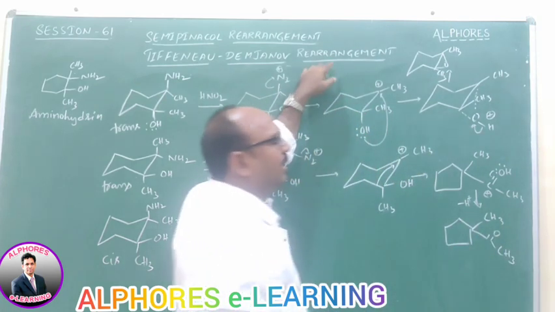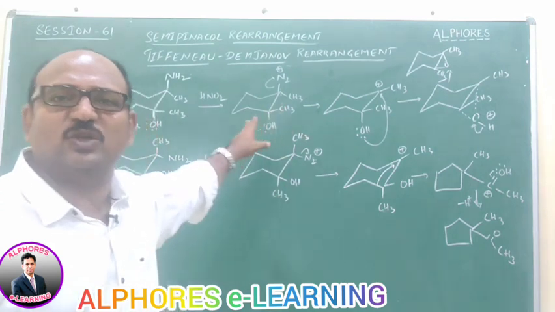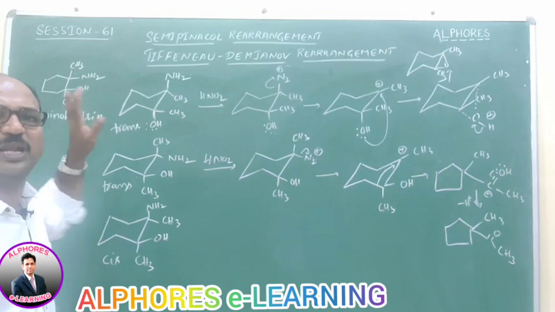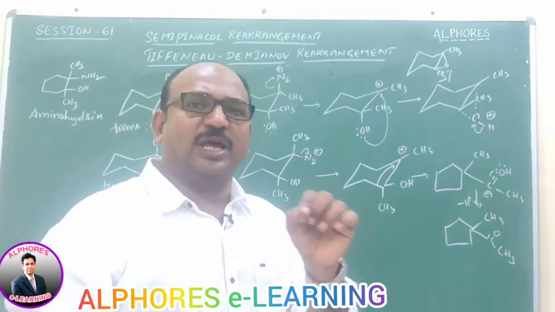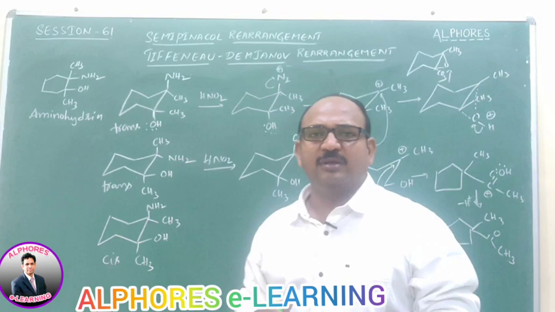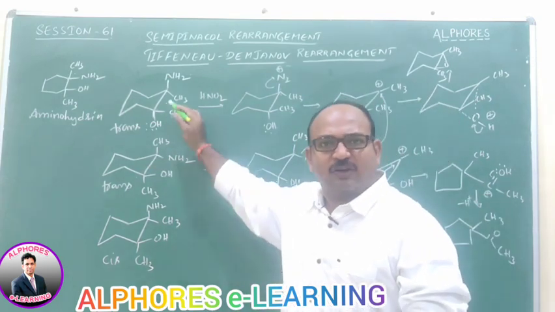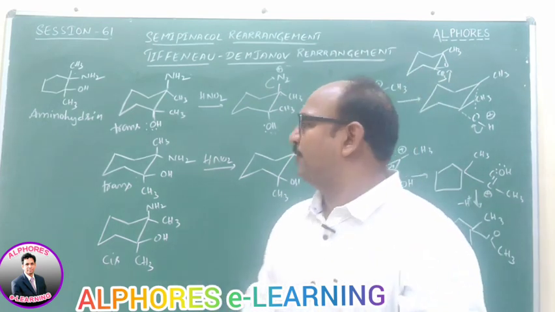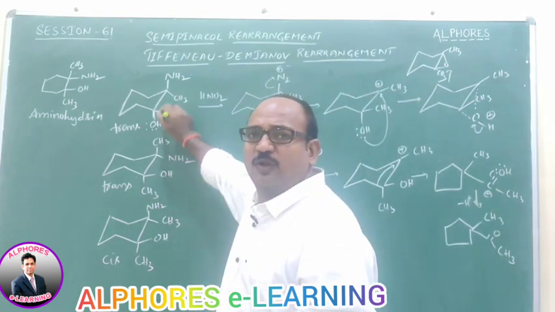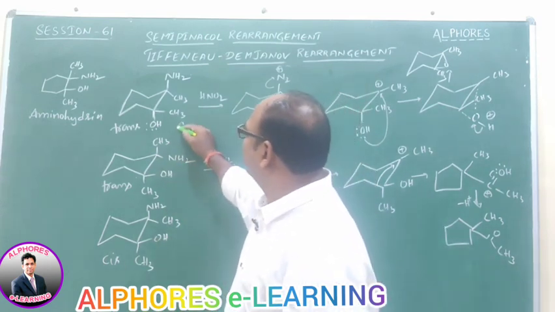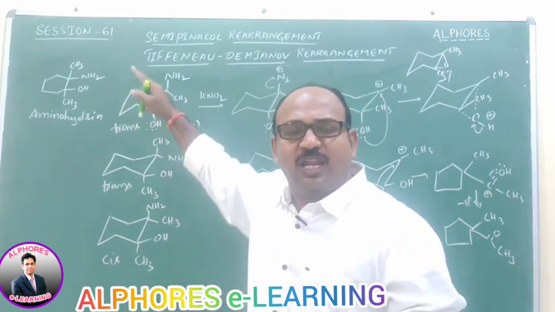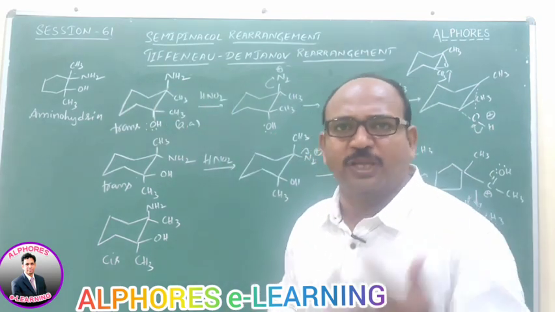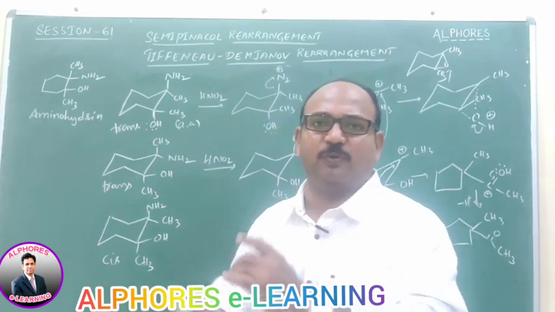See students, I have considered the same isomer. In the first case also trans isomer, in the second case also trans isomer. But both have the same configuration, trans, but the stereochemistry is not the same. In the first example, NH2 and OH both occupy axial positions, meaning the leaving group departs from an axial position and the promoting group also promotes from an axial position.